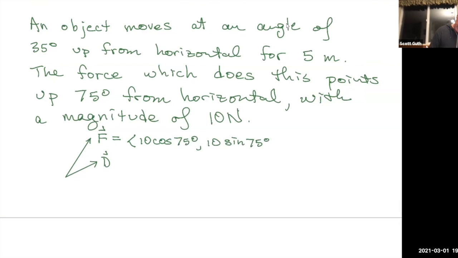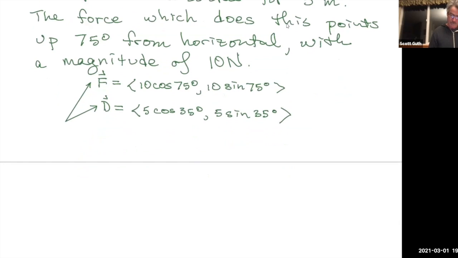Like that. And the displacement will be, see here, the angle, oh, there is 35 degrees for 5 meters. So this would be 5 cos 35 degrees and 5 sine 35 degrees. Okay. And I don't know, you can work all this out if you want, or you can do it when you're all done. I'm going to go ahead and put some numbers in here. Make sure you're in degree mode if you're going to do this.